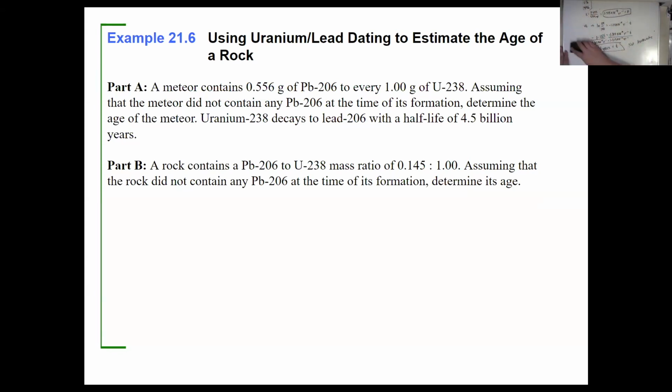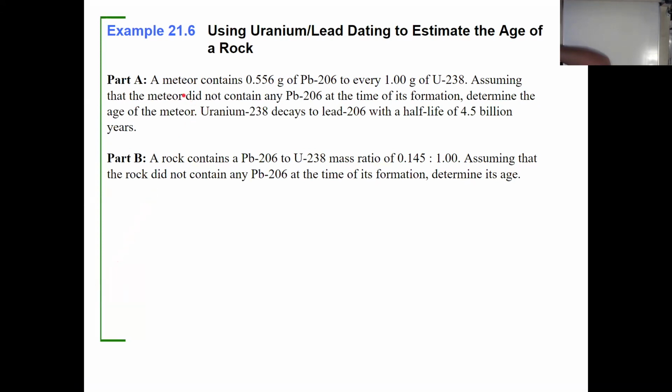Okay, so for these next questions, we're going to have to do a little deep thought first before we can jump in here. This one's telling us that we have a meteor and it contains 0.556 grams of lead-206 for every 1 gram of uranium-238.